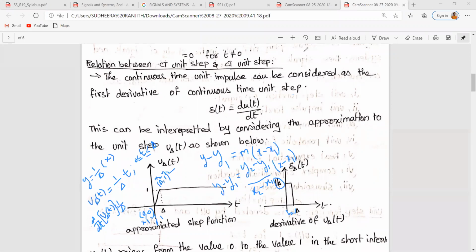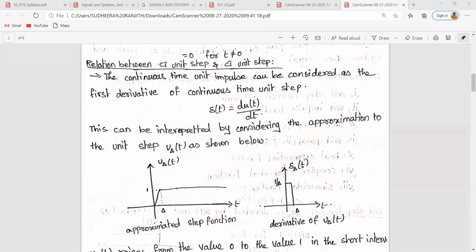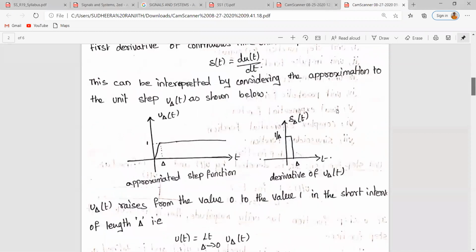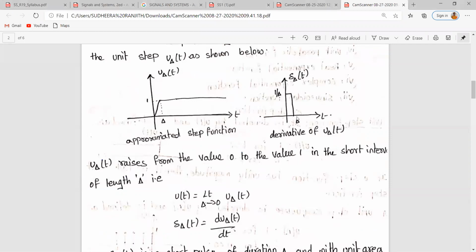So now I can undoubtedly say that this differentiation signal has the width of delta and the magnitude of 1 by delta. See, this practical version of u of t, that is u delta of t, can approach u of t if we consider this delta value equal to 0, isn't it?